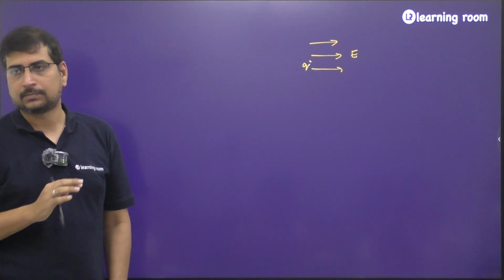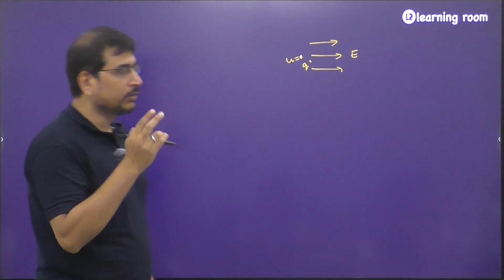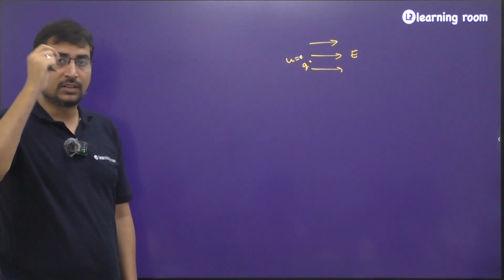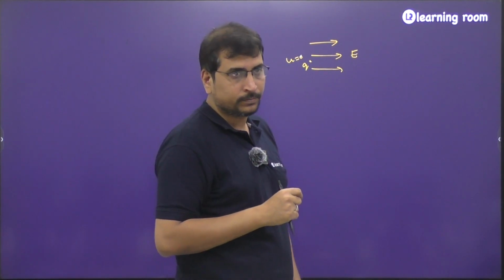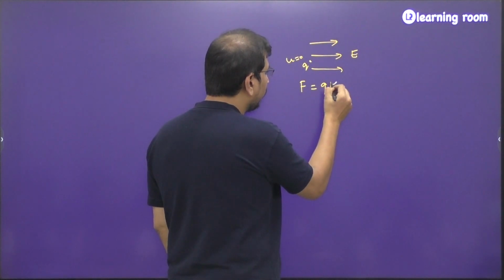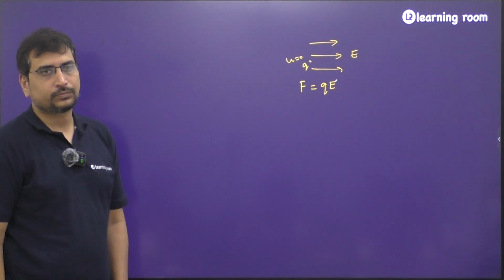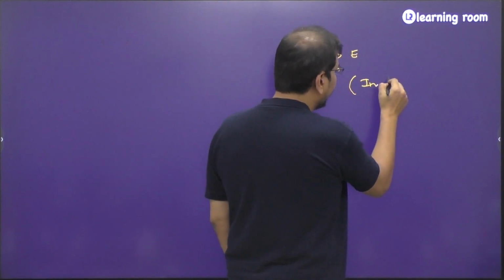It means it is at rest. So if the velocity of the particle is zero and you place it in the presence of an electric field, it will experience a force of qE.